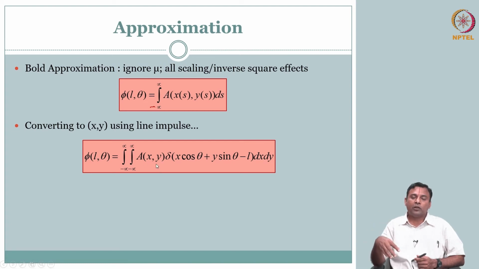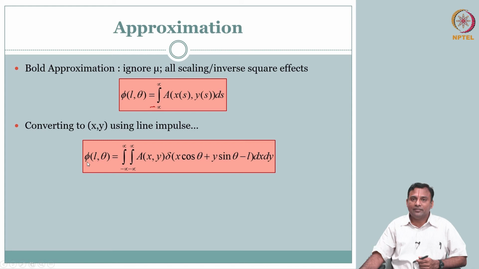If you really go back to the start of the CT, this is your f of x comma y, the ground truth object that you want to go after. This is your estimate of your projection, g of L comma theta. So, given the measured g of L comma theta, you want to calculate an estimate for f of x comma y. Here it is a of x comma y. After this there is nothing, it is very similar to what you did before.